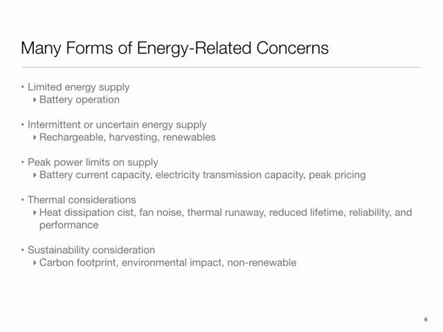There are peak power limits on supply, which I already mentioned. They exist in every system. Ultimately, power or energy has to be carried or stored, and these systems put limits.